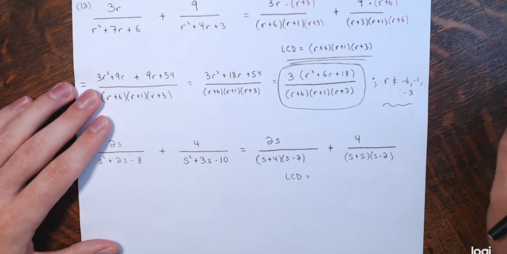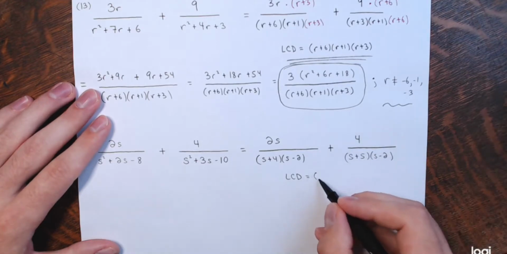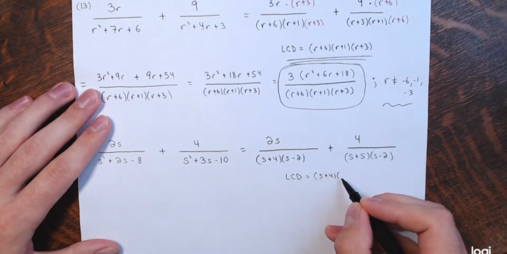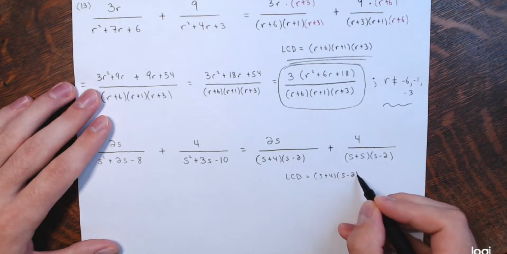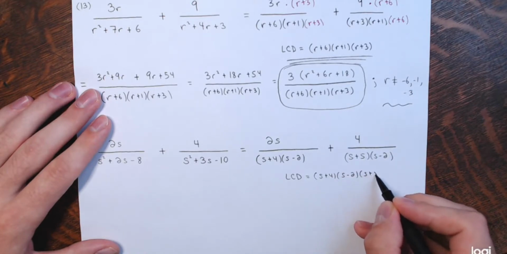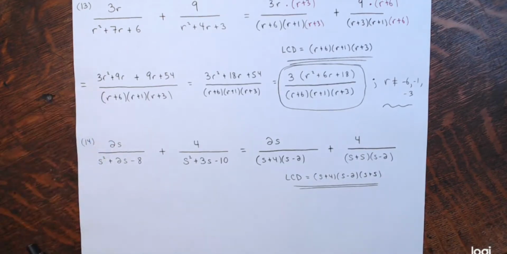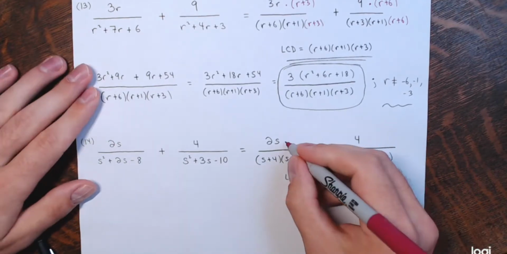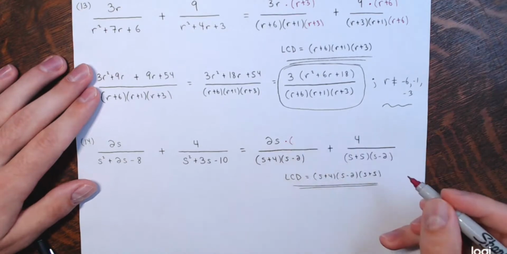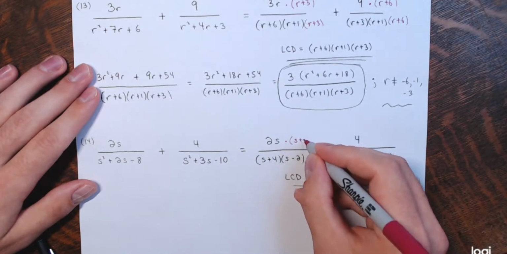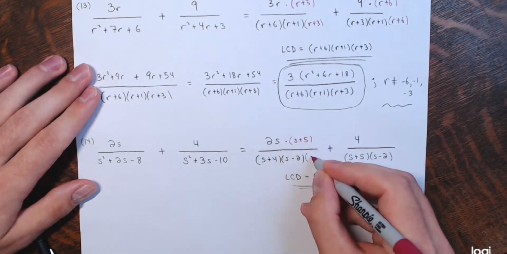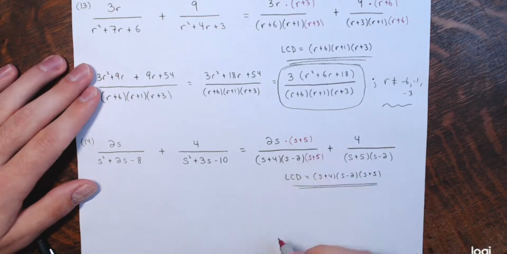The LCD would be s plus 4 times s minus 2 times s plus 5, leaving it in factored form. So this first fraction, I'd have to multiply the numerator and denominator by s plus 5 to get the denominator to be the LCD.